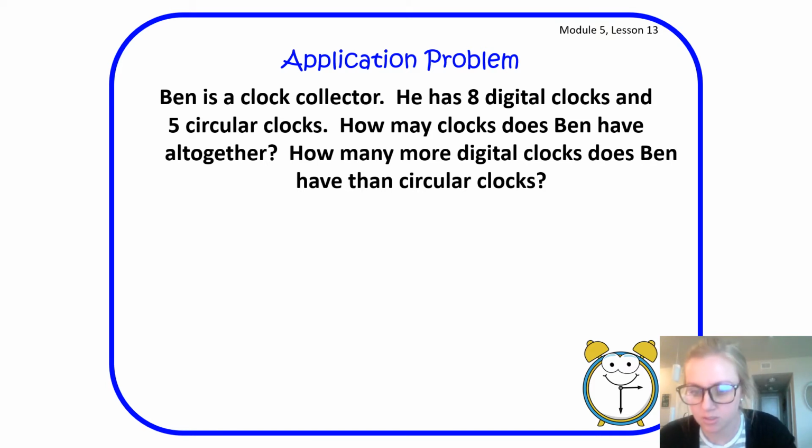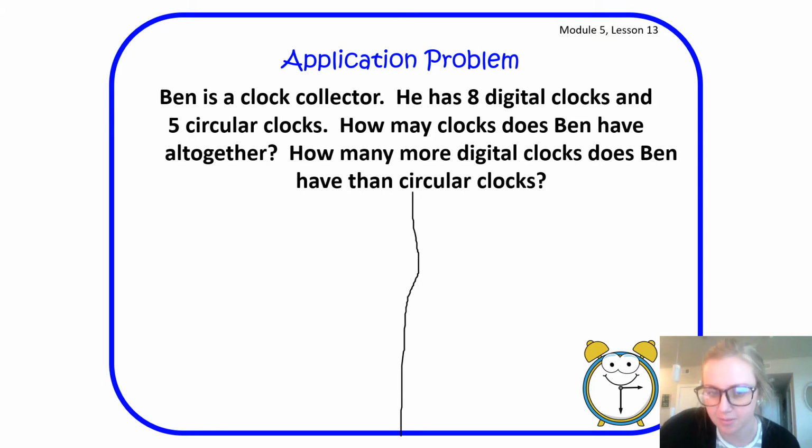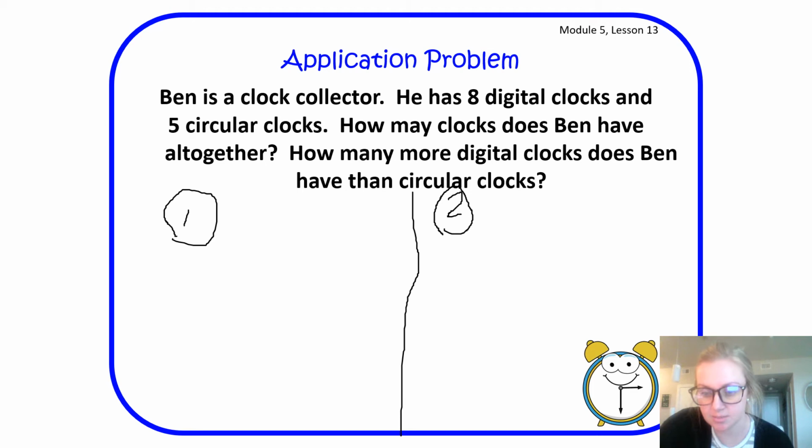This might remind you of lesson 11 from last week. And lesson 10, I think, had 2 questions. So right now, you know you have 2 questions. You're going to have to organize your data. Put a line down the middle of your page, and you're going to work out the first question on this side, second question on this side, and then there's sentence stems for you at the bottom to solve your work.